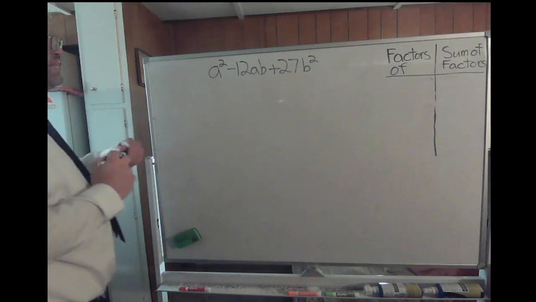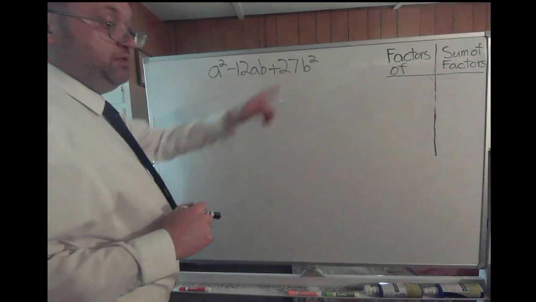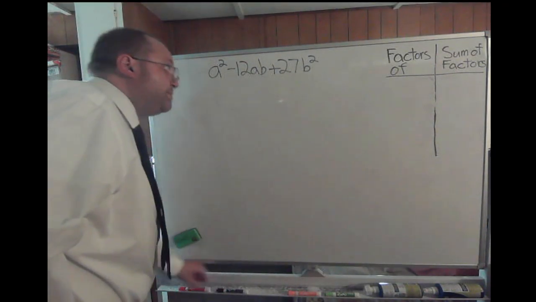So we got a squared minus 12ab plus 27b squared.